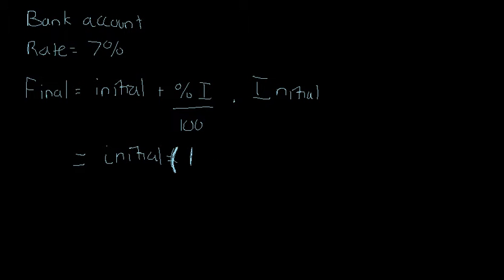Well, I would have to put a 1 here, and then what would be here would be the percent increase over 100. So this is just another way to write the percent increase, percent decrease formula: your final value equals your initial value times parentheses 1 plus your percent increase over 100. And if you were to use the distributive property to distribute that initial value back in, you would just regain the equation right above it.